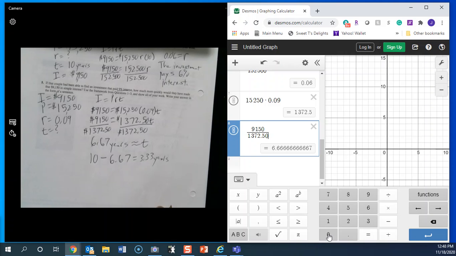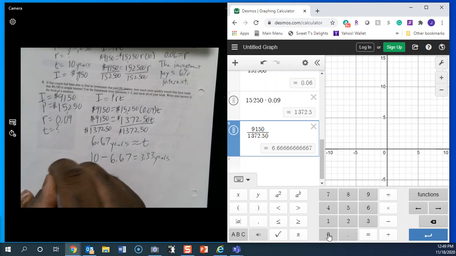So now we would need to write this as a sentence.